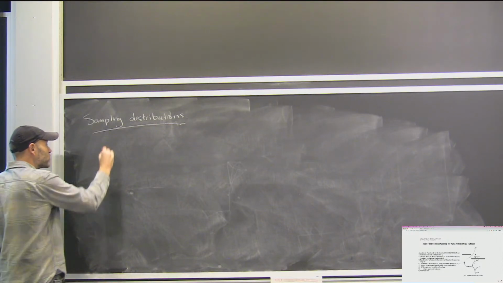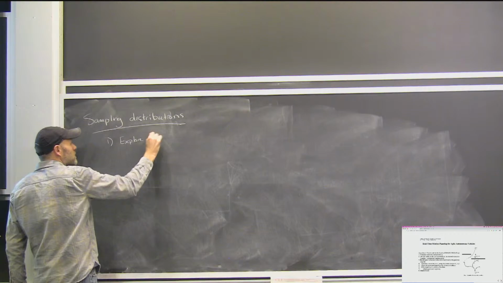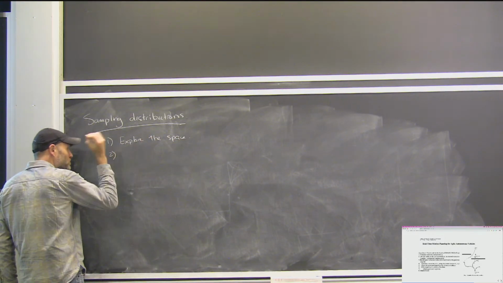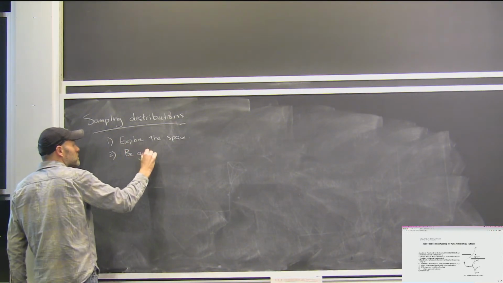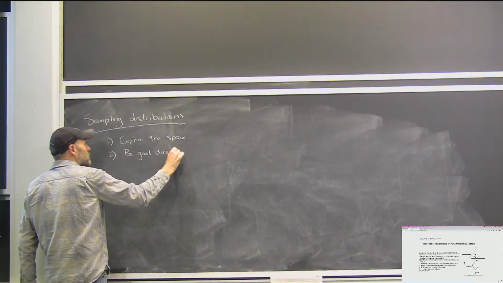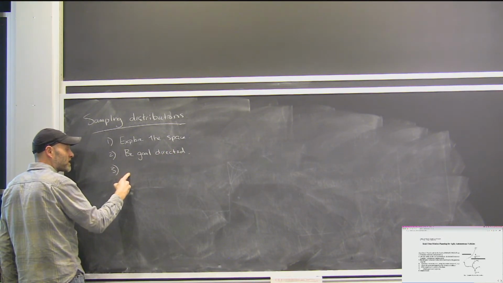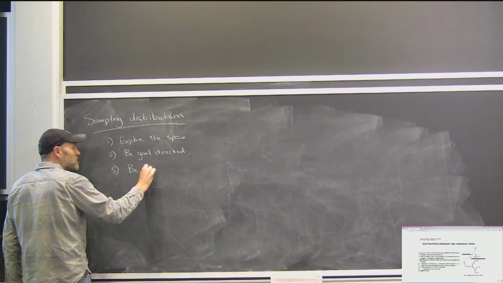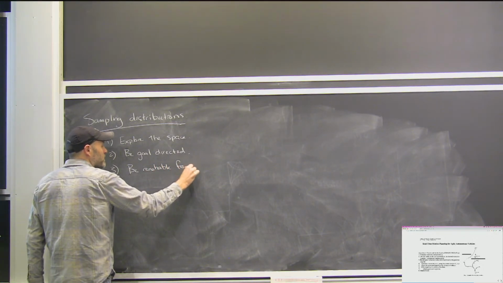Sampling should try to, one, explore the space, two, direct me towards the goal. But most importantly, and most missing, is to somehow be reachable from my current tree.